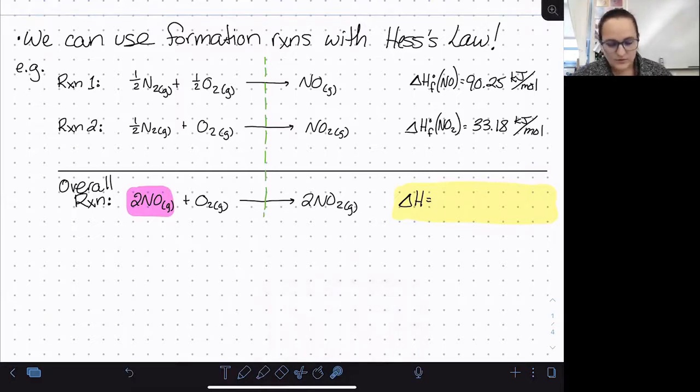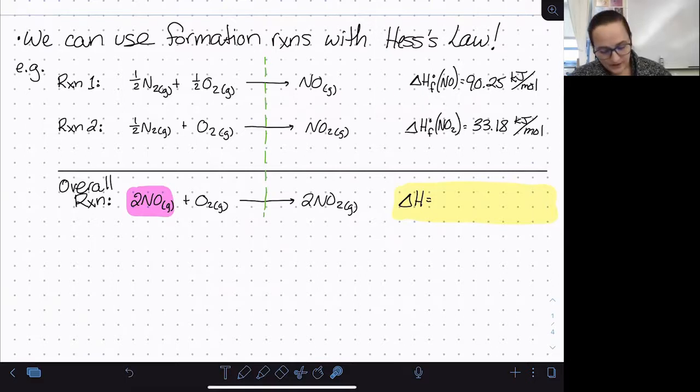Currently, the only place I see NO is in reaction 1 on the product side. So reaction 1 is the formation reaction for nitrogen monoxide. So we can see that 1/2 mole of N2 are reacting with 1/2 mole of O2 to form 1 mole of NO. So this is a formation reaction. And the delta H of that is the heat of formation for nitrogen monoxide.